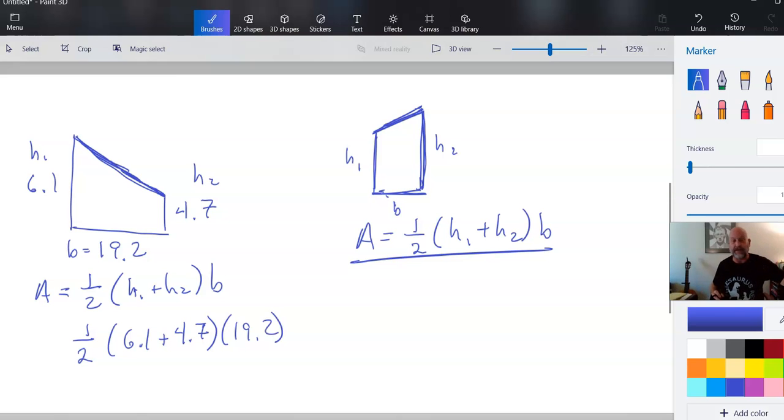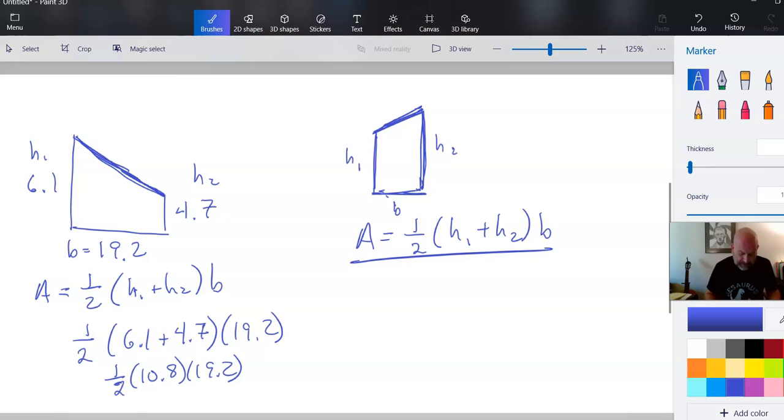And so that's just something we need to put into the calculator. So let's start, I'm going to start in the middle, 6.1 plus 4.7. Okay, and that gives me 10.8. So now I have 1/2 times 10.8 times 19.2.